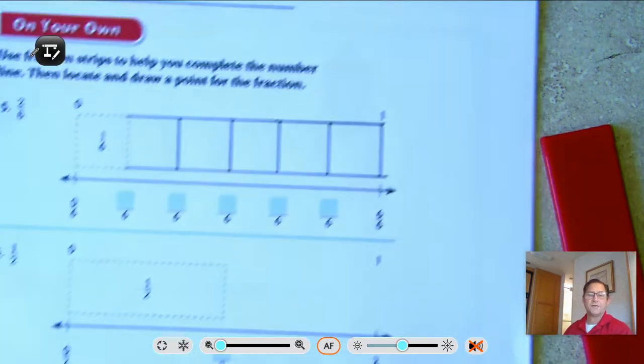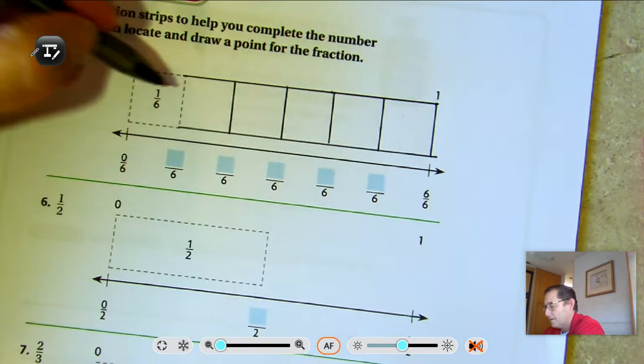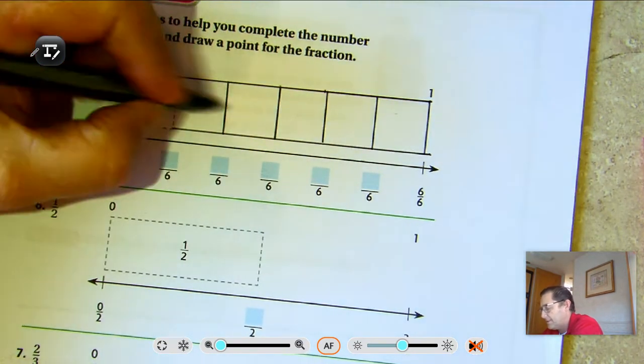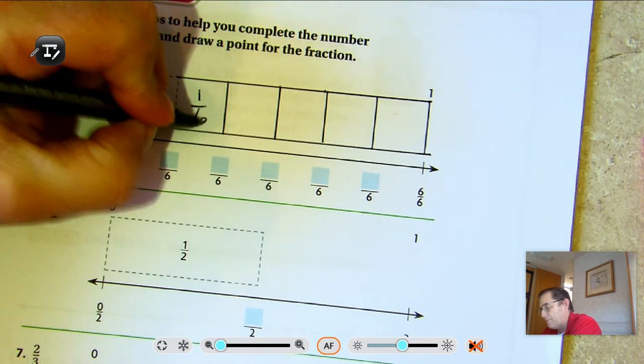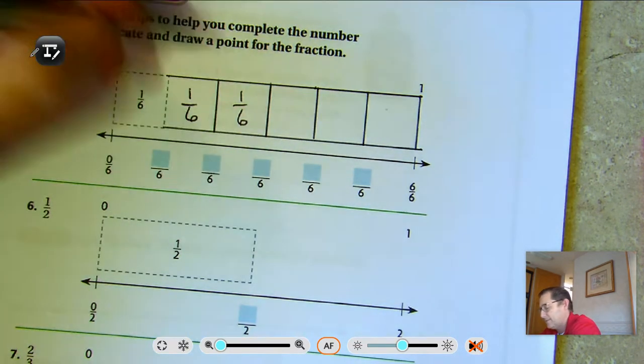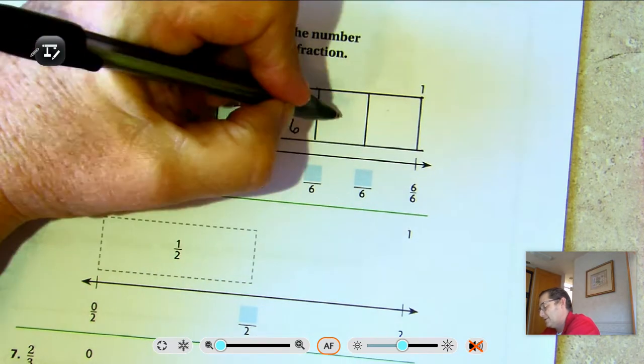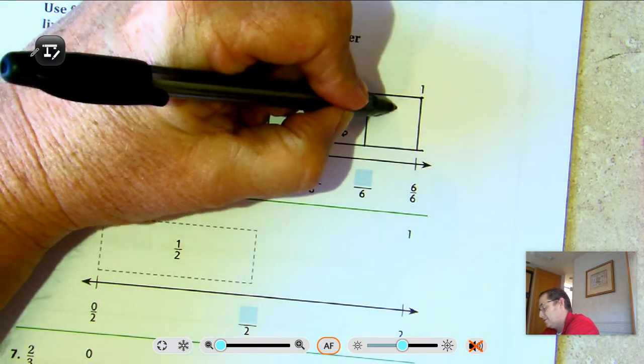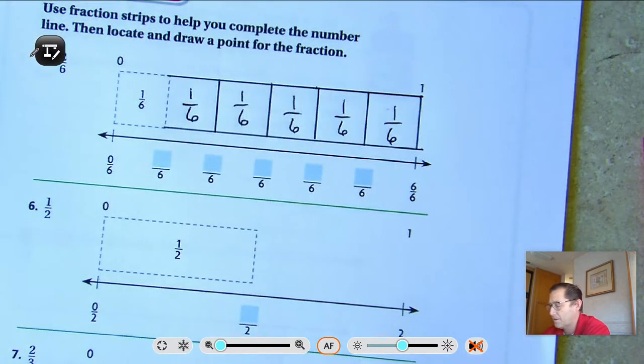All right, so draw in your equal squares. So here's 1/6. That part's 1/6. This part is 1/6. 1/6. 1/6. 1/6.